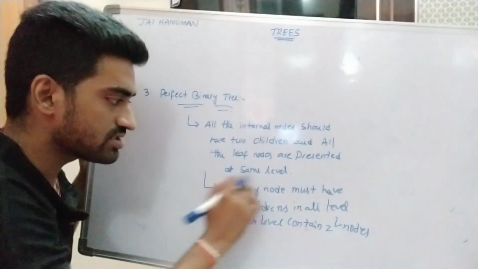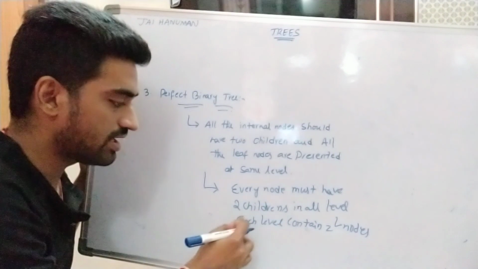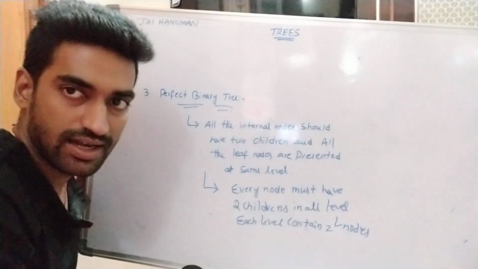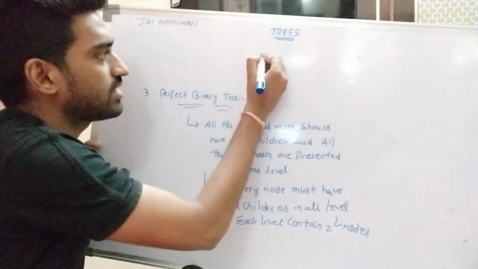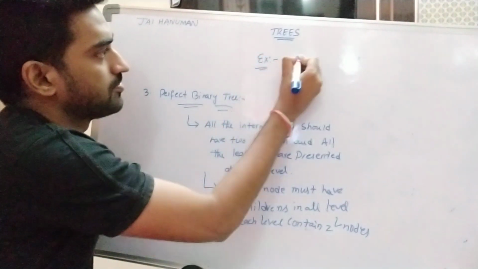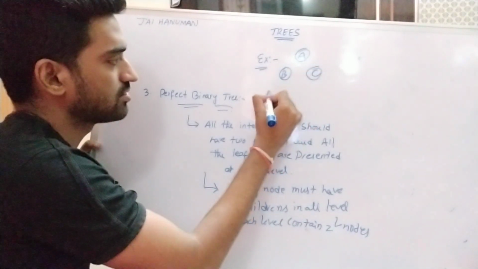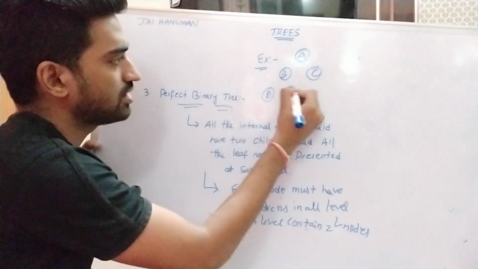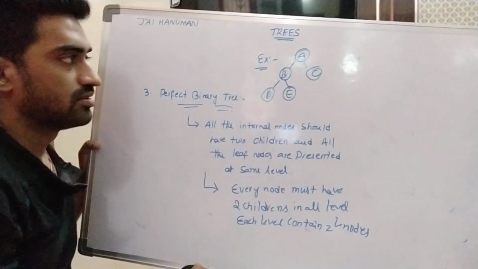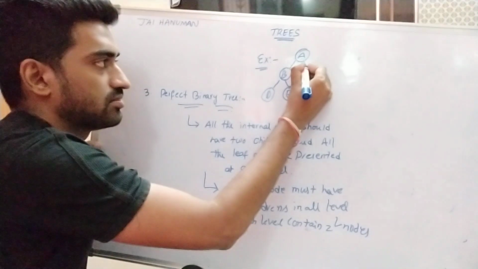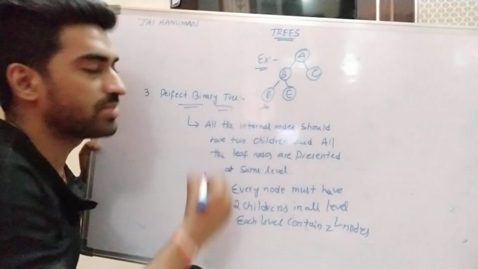So what is the other definition? Every node must have 2 children in all levels. Each level contains 2 power L nodes, right? L is nothing but the level of a node. So here I am taking one example: A, B, C, D, E. This is not a perfect binary tree.